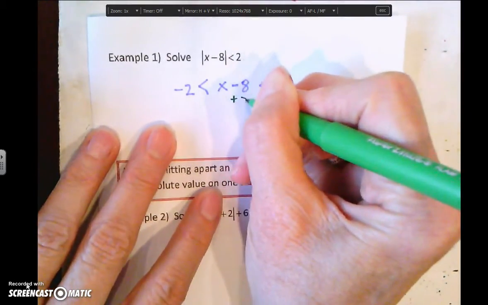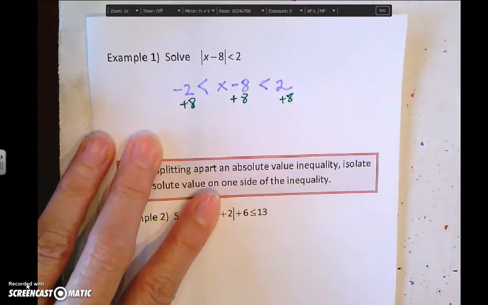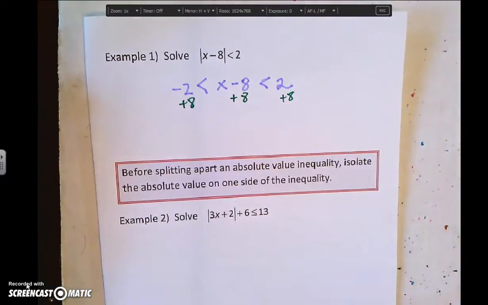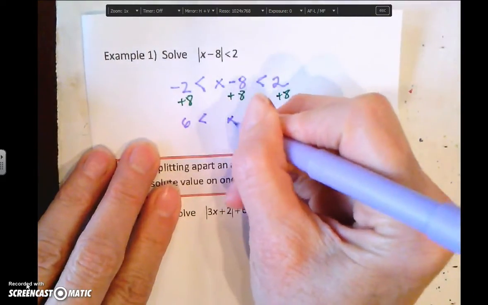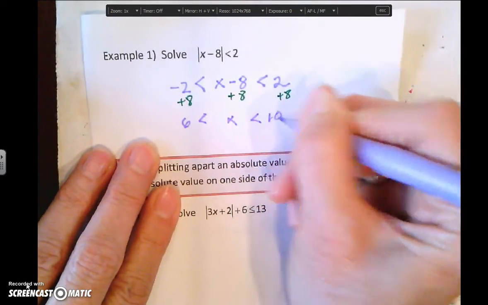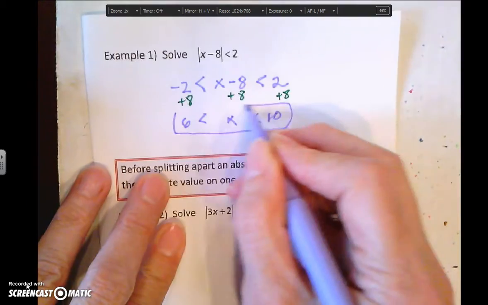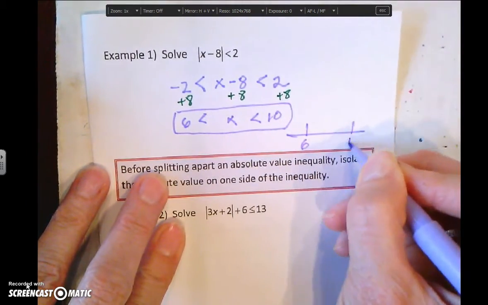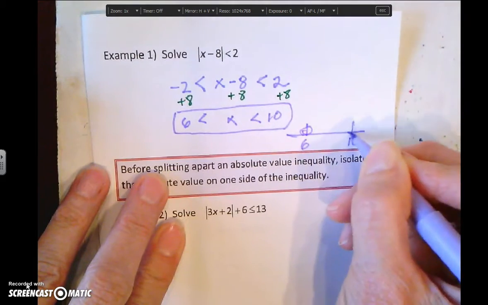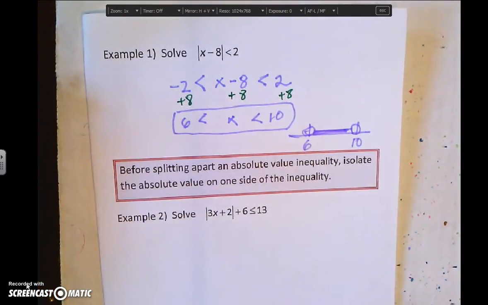So then to solve this, I'm going to add 8 to all three sections, and I'm going to get that 6 is less than x is less than 10, and that would be my solution. If I had to graph it, it would look like 6, 10, open dots, and everything in between.